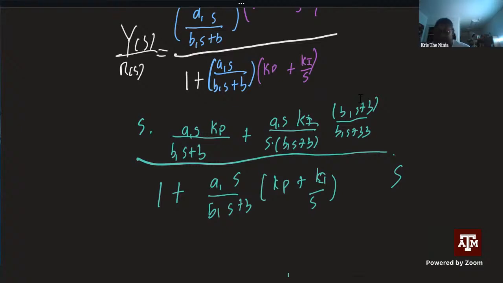This is the simplified version of the equation because you have the b's canceling and stuff like that. The b's cancel, some of the a's cancel. And this is what you end up having.